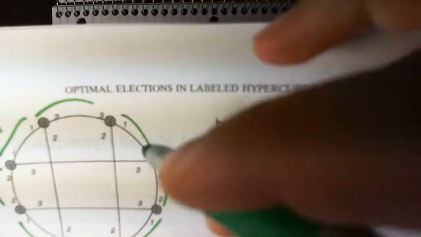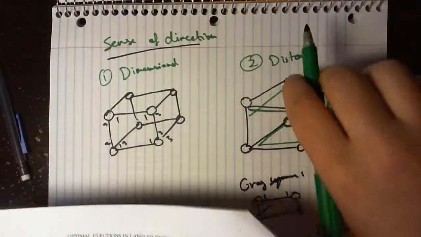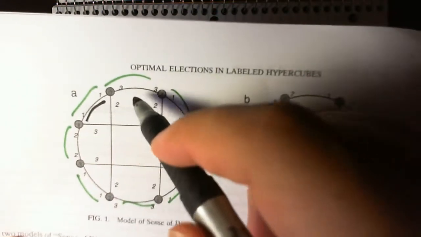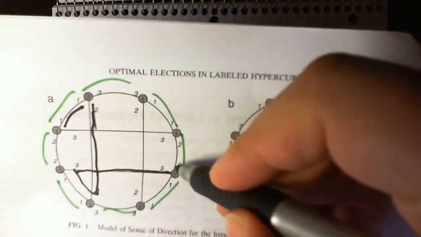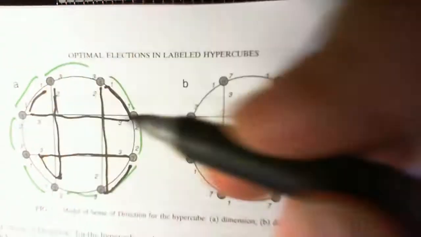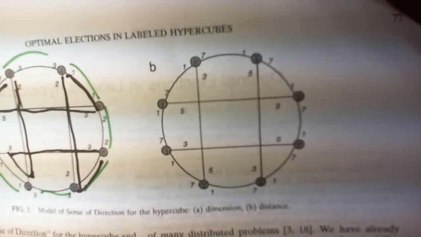Let me try another example, in a different color. Let's start with this one. I'm going to go 1 and then 2, 1 3 1 2 1 3. It's kind of cool. It's a different looking thing, but it's still the same Hamiltonian cycle.